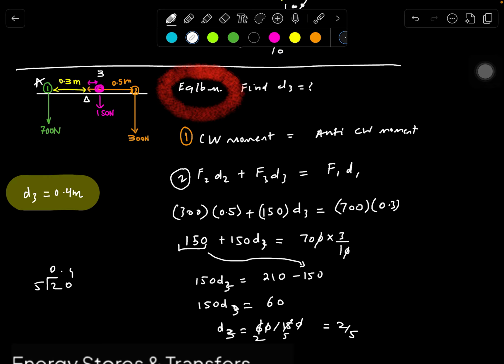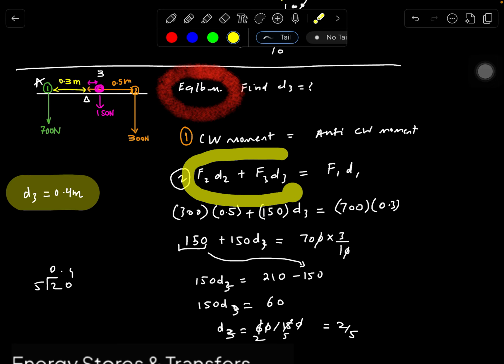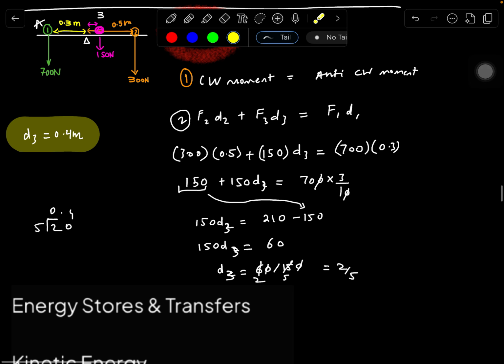And if there's more than one clockwise or anti-clockwise moment, you're going to add them on separate sides of the equation. So since we have 2 clockwise moments, we added the 2 individual clockwise moments and we equated that to the anti-clockwise moment. And we just algebraically solve it to get our final answer.